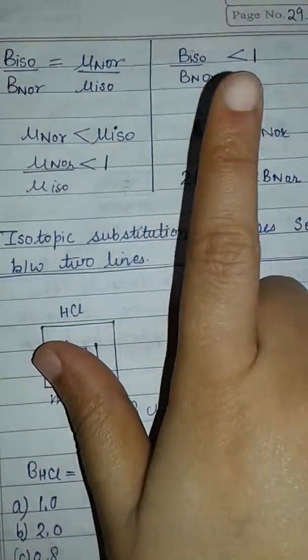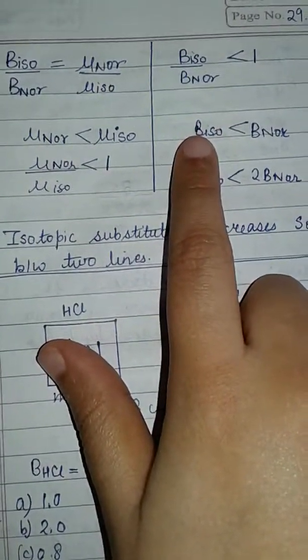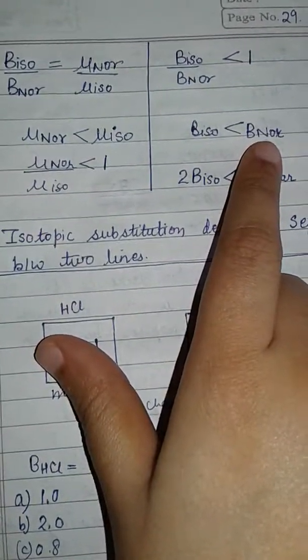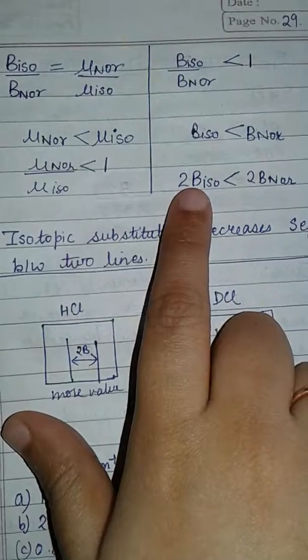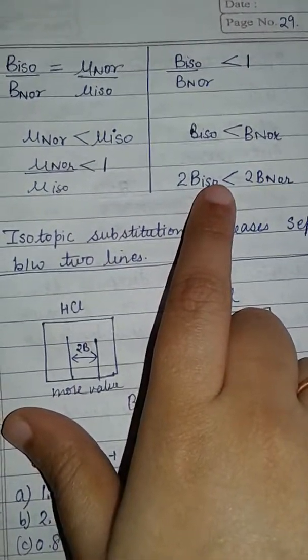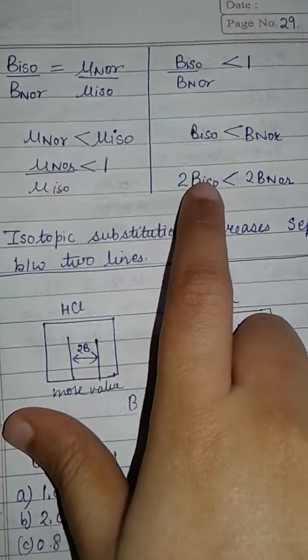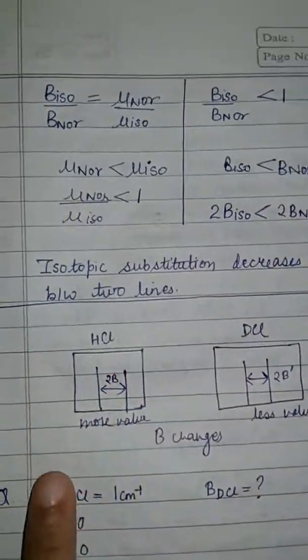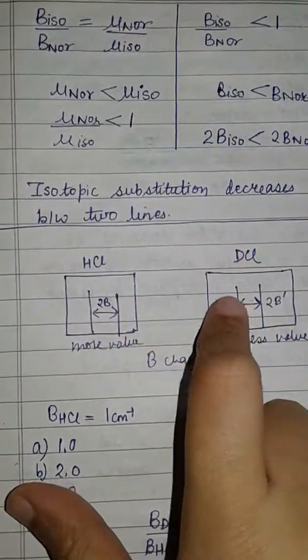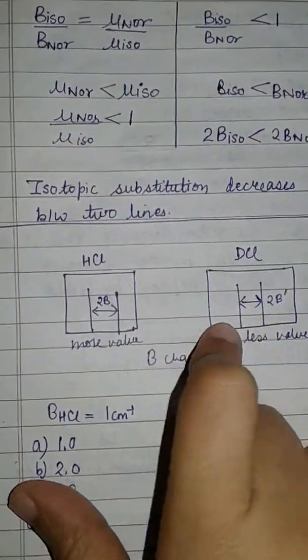So we have concluded in two points that the rotational constant of the isotopic molecule is always less than that of the normal molecule, and the separation between the two lines decreases when we make an isotopic substitution. For example, for HCl these are the two rotational lines, and for DCl these are the two rotational lines.